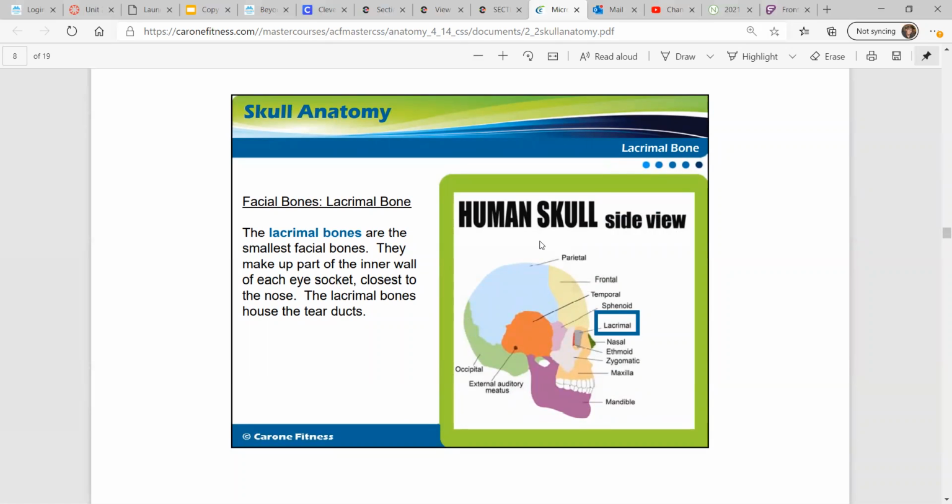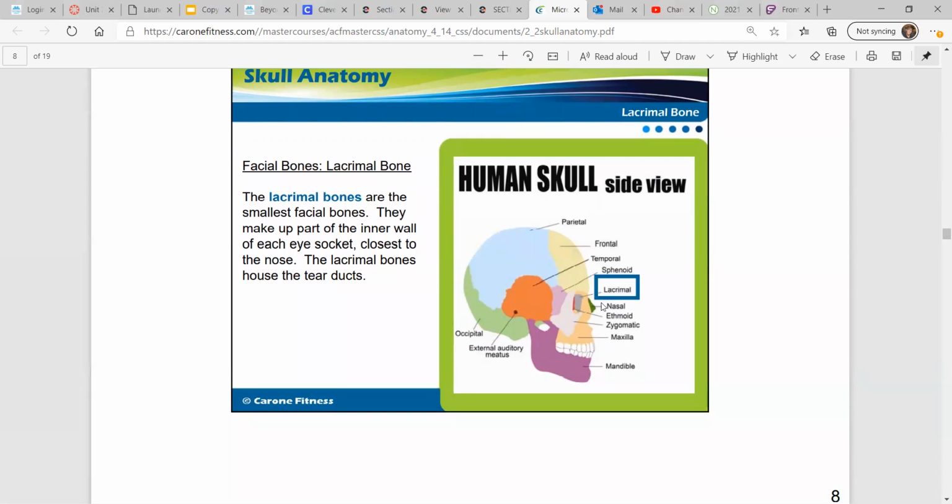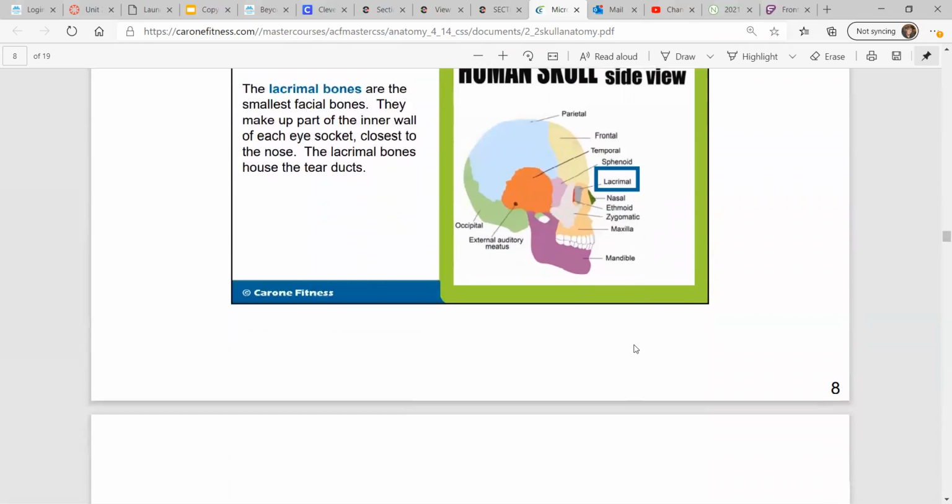These bones are the smallest of the facial bones. They make up part of the inner wall of each eye socket, closest to the nose. The lacrimal bones house the tear ducts as well. Lacrima is related to tear.